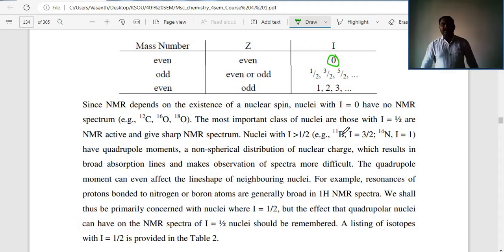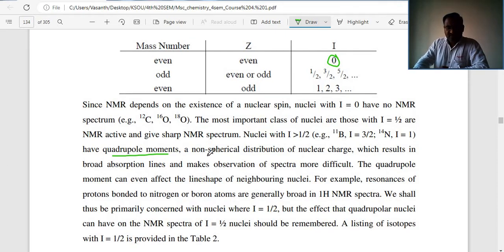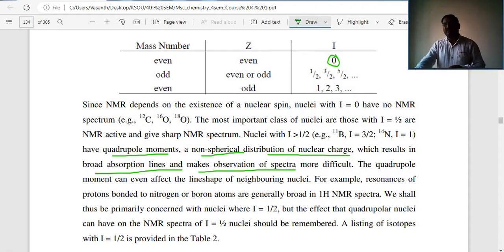Nuclei with I greater than 1/2, for example boron 11 and nitrogen 14, have quadrupole moments, a non-spherical distribution of nuclear charge, which results in broad absorption lines and makes observation of spectra more difficult.